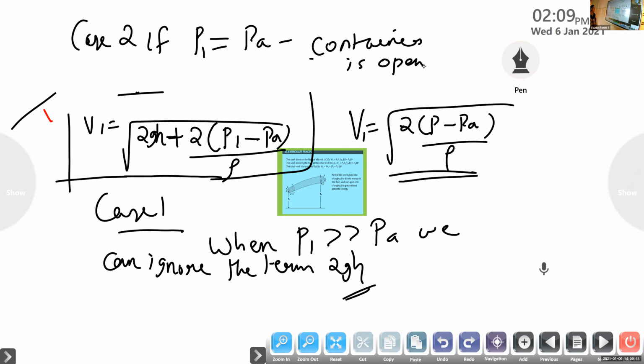In that case, we will not have the second term. That's clear, no? Because both are equal, naturally this term is going to be 0. Then the efflux is equal to only square root of 2gh. So these are the two cases, and the equation can be used according to the situation. So that is the value of the efflux.